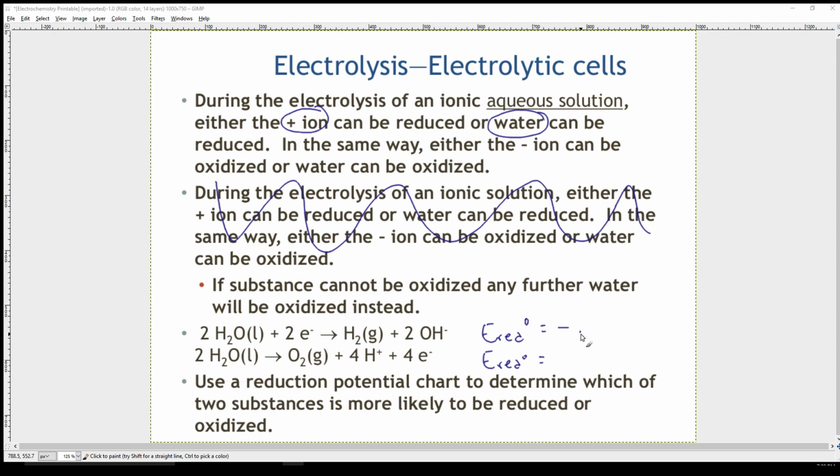This one is negative 0.83 volts, and the other one is positive 1.23 volts. So, between the two, which one is more likely to be reduced? This one is more likely to be reduced. So that means that this one is probably going to be oxidized.